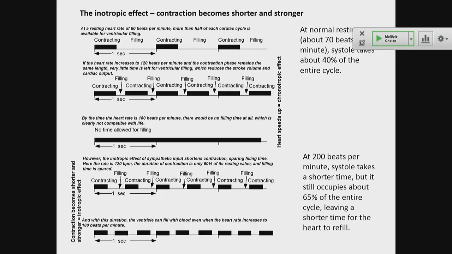In these cells now, the increase in cAMP results in a decrease in open time of potassium channels and an increase in calcium influx.